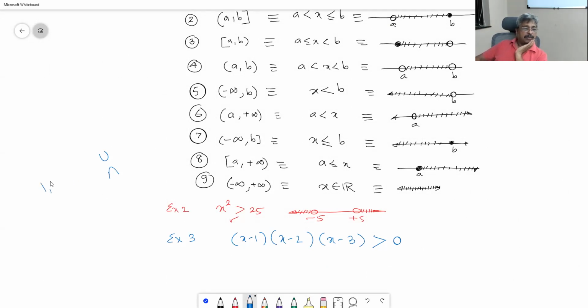So (1, 2) or maybe (10, 20) open union (21, 22] closed, something like that you can do. Okay, if you wish to do like that, I'm not giving you any hint. So what is the solution set of this?